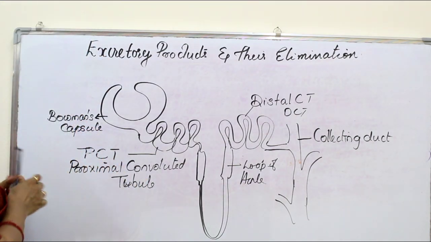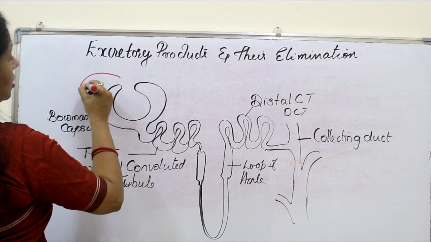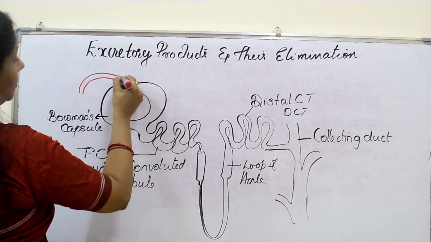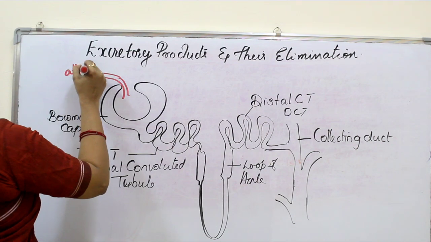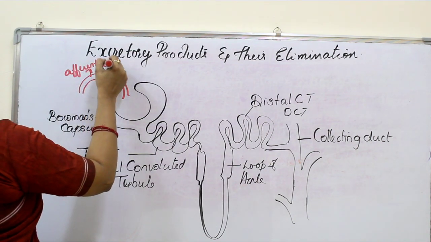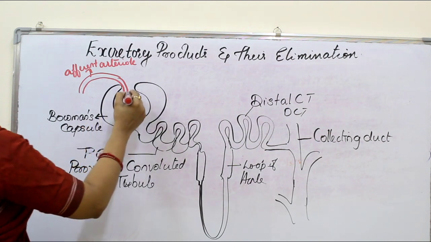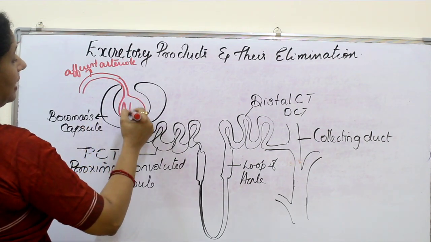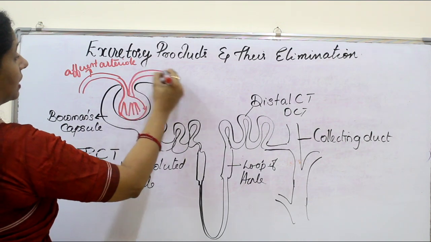Now coming to the arteriole. A branch of the artery, that is called the arteriole, enters into this, and this is called the afferent artery or afferent arteriole. Coming inside is afferent. Then it branches to form many capillaries inside. Then it goes out.